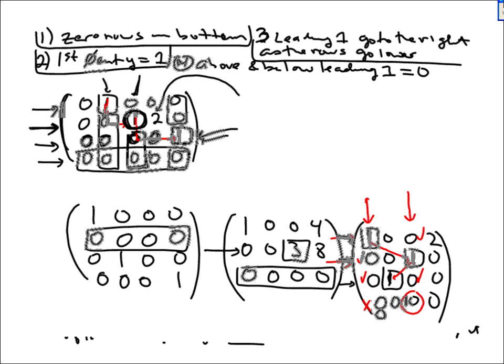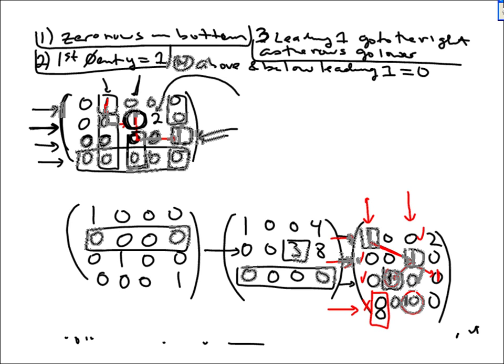What's above and below these leading ones have to be all zeros. And the ones have to be going to the right. If this 1 was over here, then it would have passed condition 3. The ones are going to the right as you go down. Another problem with this matrix is this row, the first non-zero entry, is not 1. These are all problems with that.